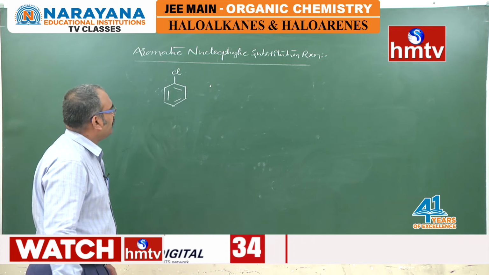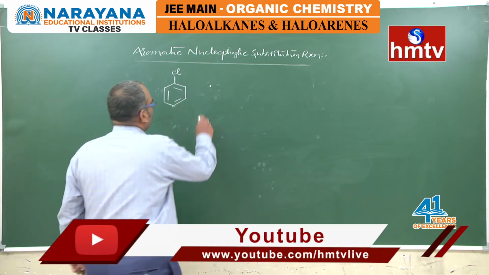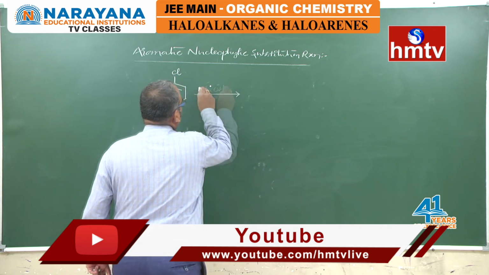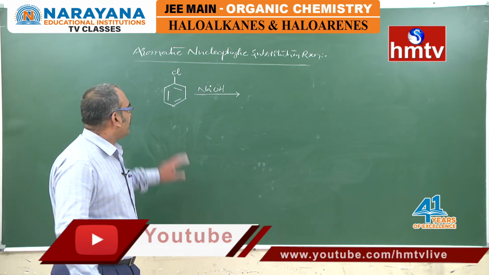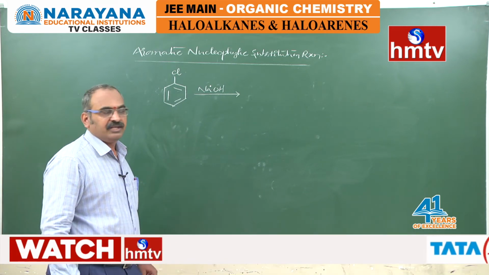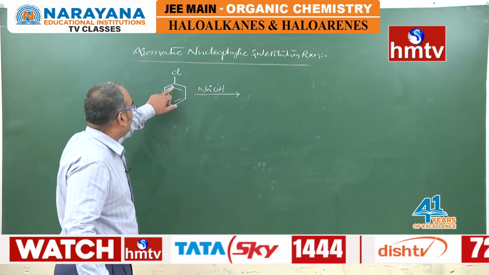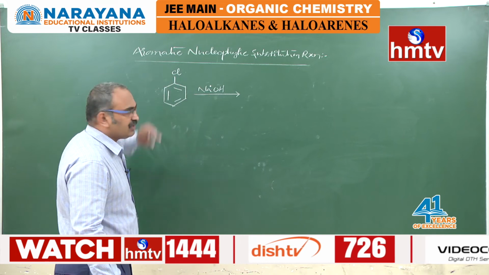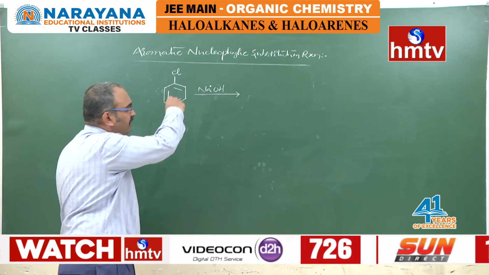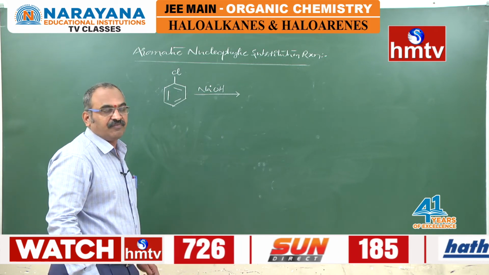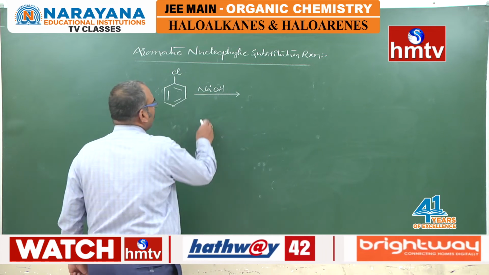I have taken chlorobenzene and I am trying to convert chlorobenzene into phenol. If I consider NaOH, for alkyl halides, normal aqueous NaOH at room temperature can give you the alcohol easily, but for chlorobenzene, because of the double bond character and the sp2 character of the carbon atom, the double bond character of the C-Cl bond, and the repulsions between the 6 pi electrons and the incoming nucleophile, all those things make the conditions very difficult.